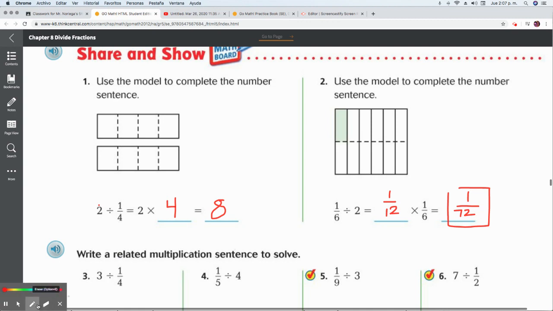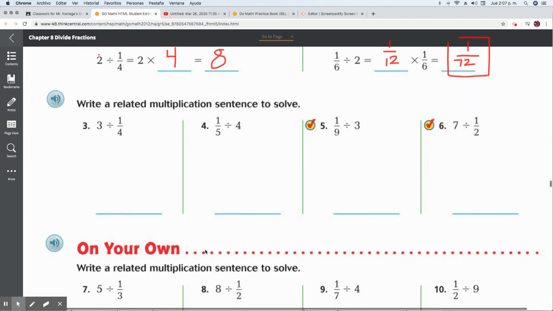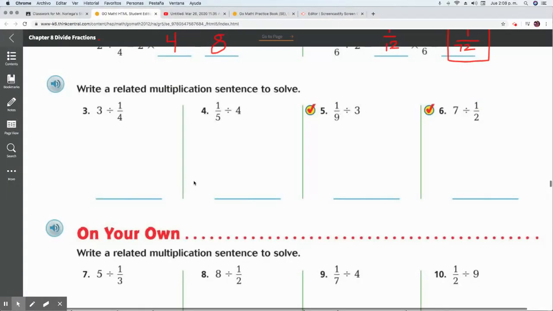Okay, for the next section, which is something similar to what you're going to see on your homework, you need to write a related multiplication sentence to solve. So 3 divided by 1/4.